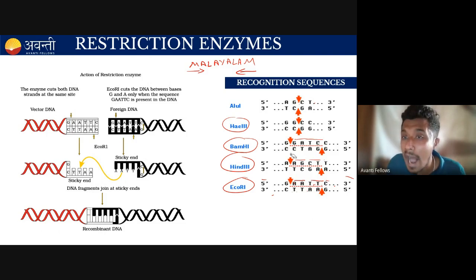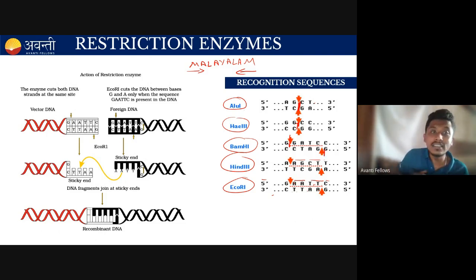Now, if you look at the arrow marks that are given in this picture, you can see that some of these restriction enzymes, such as ALU1, are cutting exactly at the same site, or even H3 is cutting at the same site. Whereas BAMH1, it is cleaving at two different sites. So this gives us two different types of sequences.